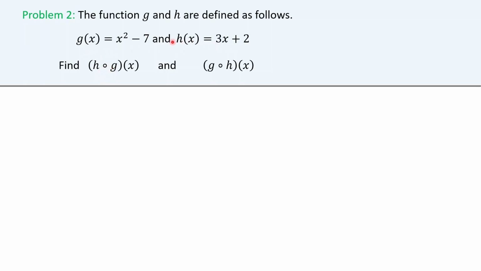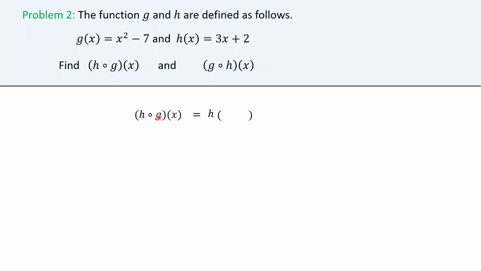In this problem, you have two functions, g and h. G of x is this and h of x is this. You need to find this composite function, h of g of x, and this composite function, g of h of x. Let us find this. This is equal to, write the first function.